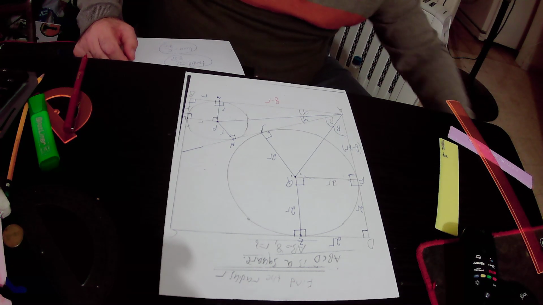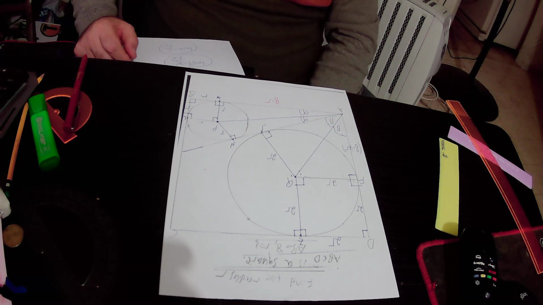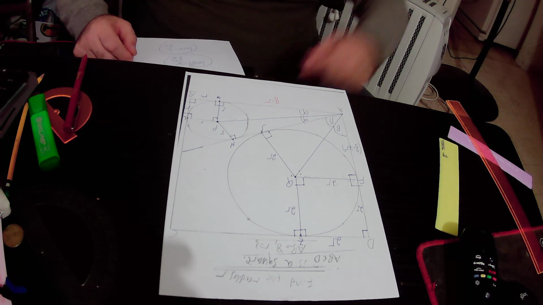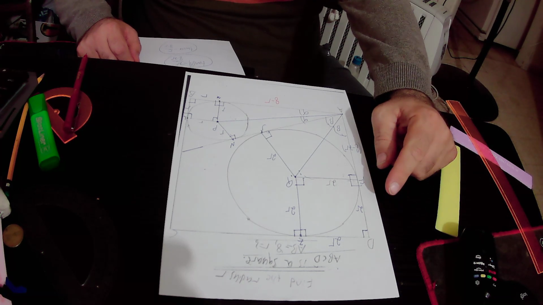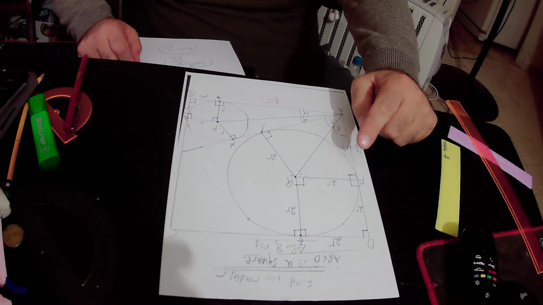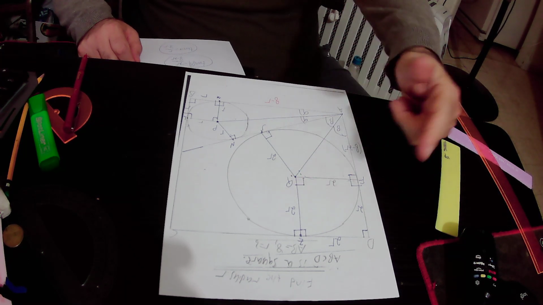Okay, then we find the value of tangent beta. But first of all, we calculate the size of FD. Here we draw radii of the big circle.